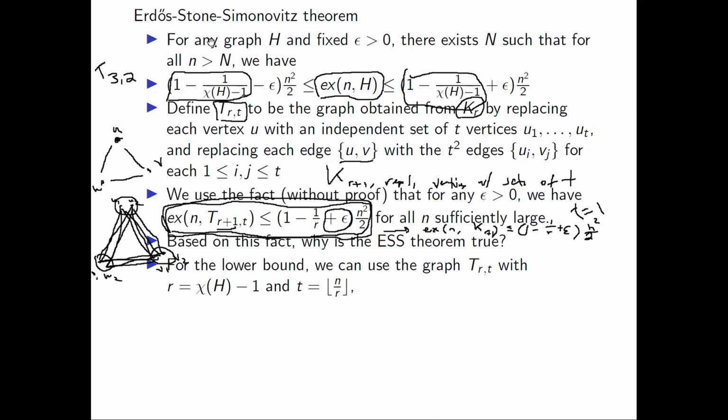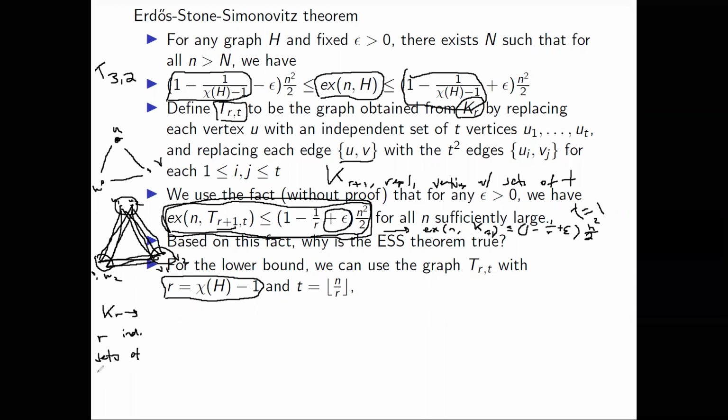We'll use it with r equal to the chromatic number of H minus 1, and t will equal the floor of n over r. So this graph, we start with a K_r, and then that goes to r independent sets of size t.